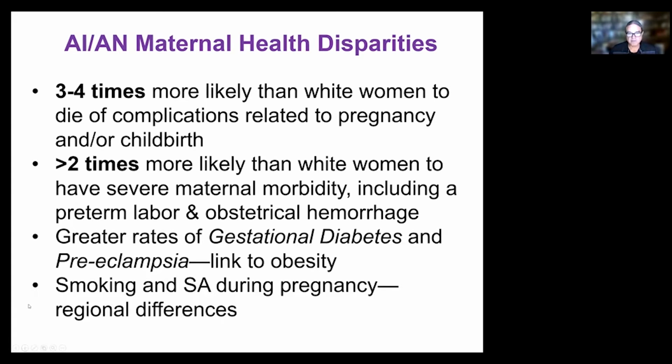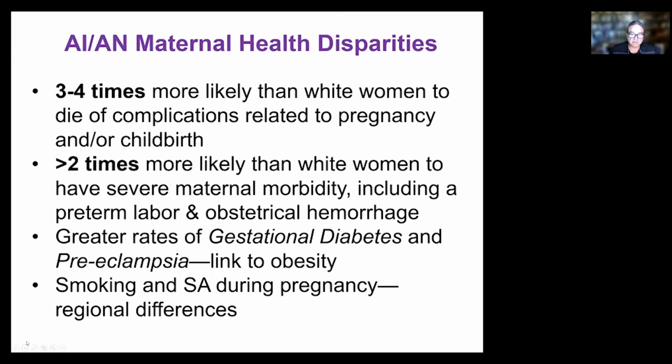In addition, we see greater rates of gestational diabetes and preeclampsia in American Indians and Alaska Natives. And there is a link to obesity, unfortunately, due to challenges related to food sovereignty and access to healthy foods and traditional foods. We do have a challenge related to earlier onset of obesity, including during the gestational years.